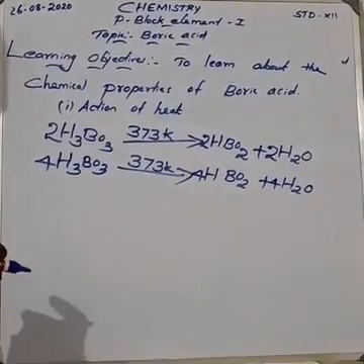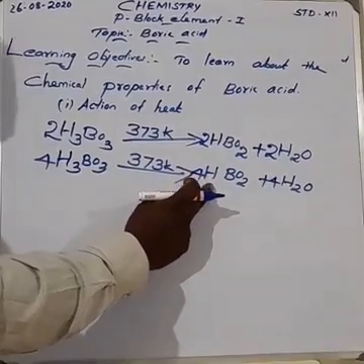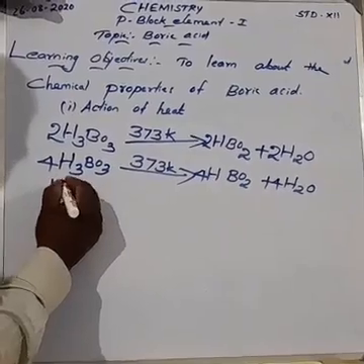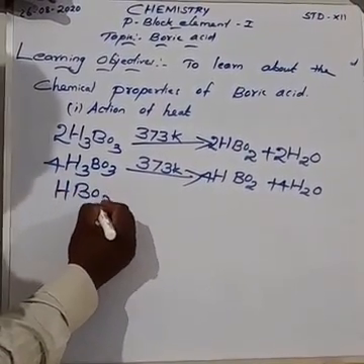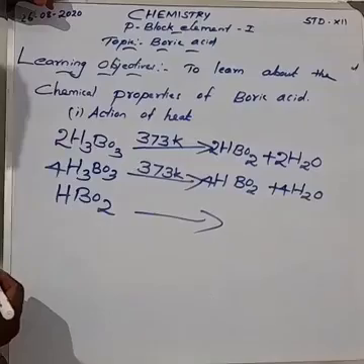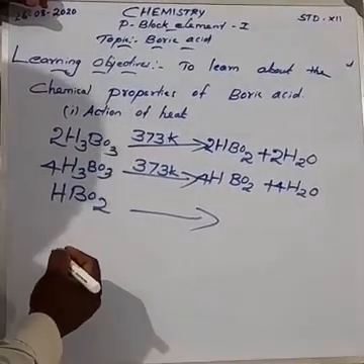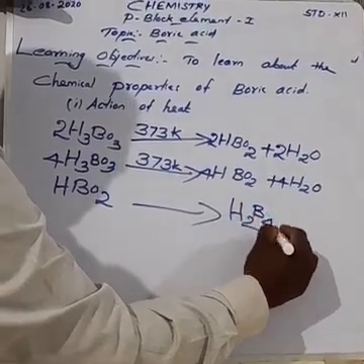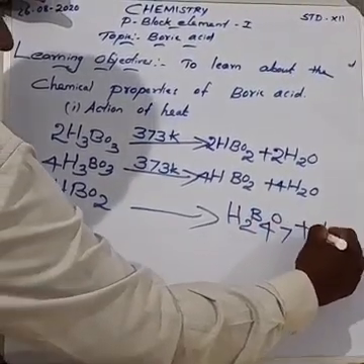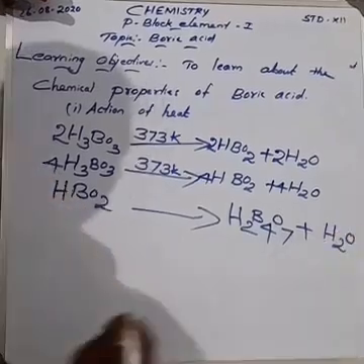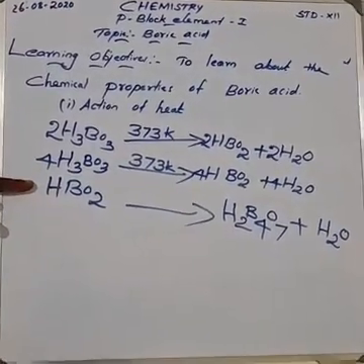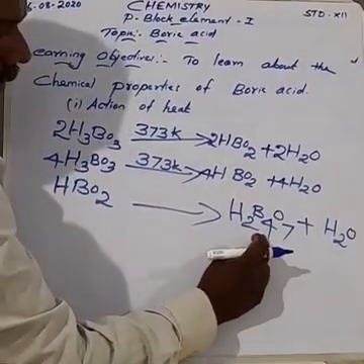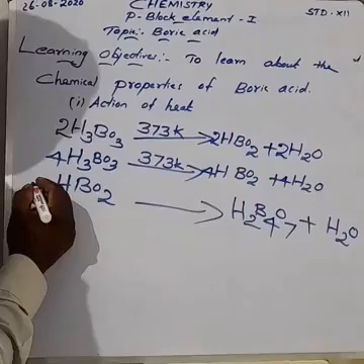The second step is the metaboric acid is converted into tetraboric acid. The metaboric acid, HBO2. What is the formula for tetraboric acid? H2B4O7 plus water. Is the equation balanced? No, not balanced. How can you balance the equation? Here having 4 boron, so make it here 4.